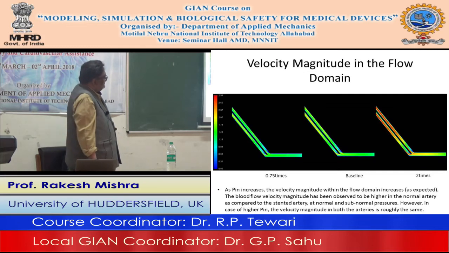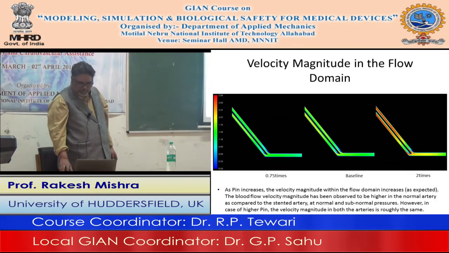You can further see that the zone of non-uniformity in the flow is slightly higher here as compared to here and here, because velocity of flow is higher. Any disturbance will go further downstream in this particular case. So the non-uniformity disturbance is higher in this case, but we cannot see much effect of the stent at high velocity than at low velocity. We can see the effect of the stent, but here it looks almost the same. So at high velocities probably we are not seeing much effect.